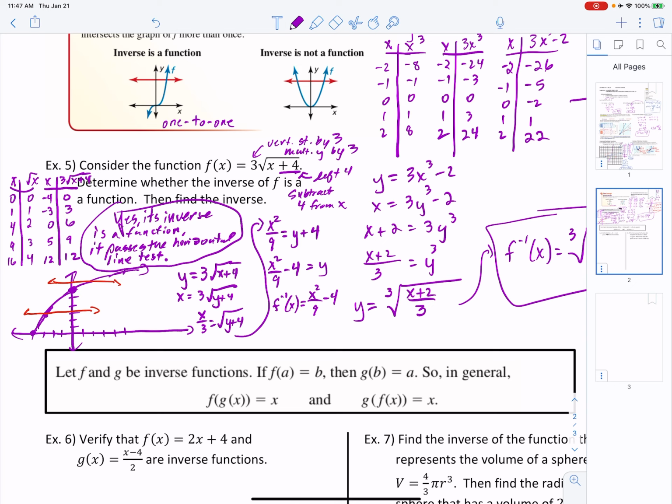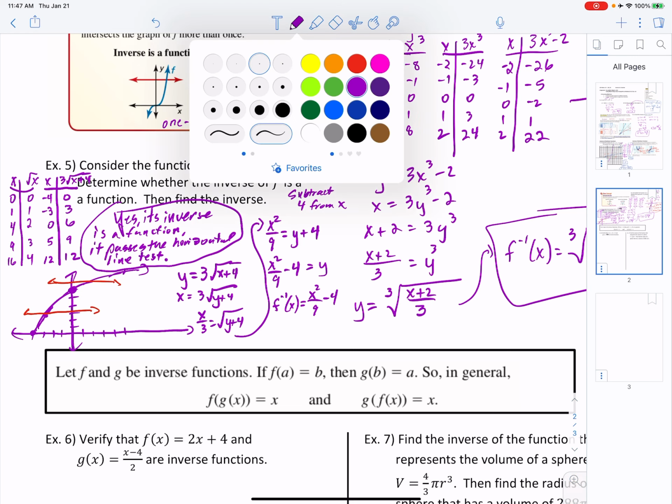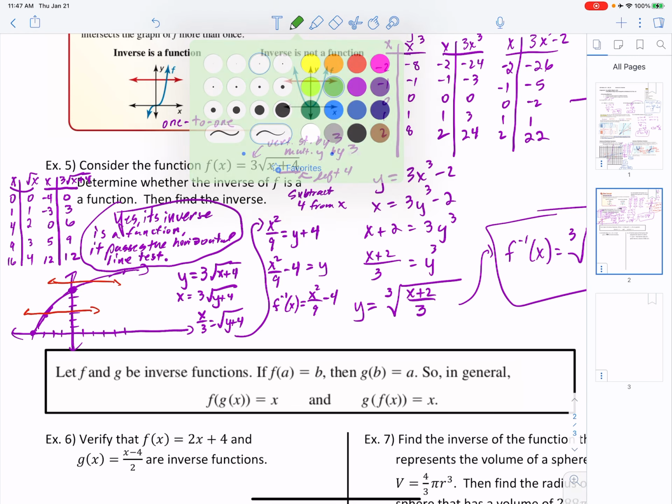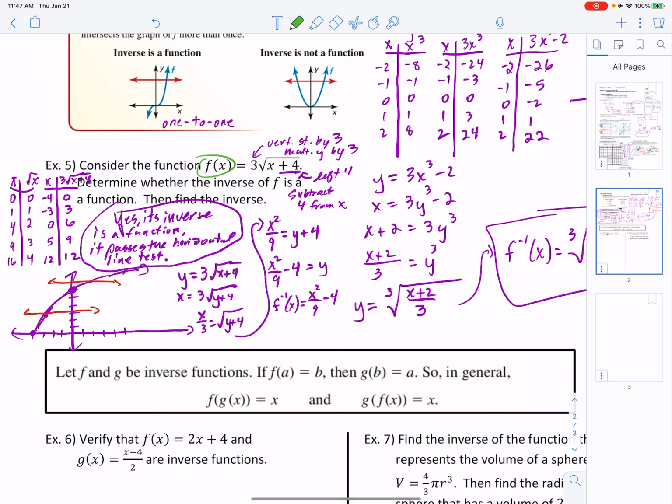Now, the interesting thing about this one, though, is you square both sides, so you actually got some extraneous solutions. You got some extra solutions. You have to think that on this original function, f of x, the domain was -4 to infinity, and the range was 0 to infinity.